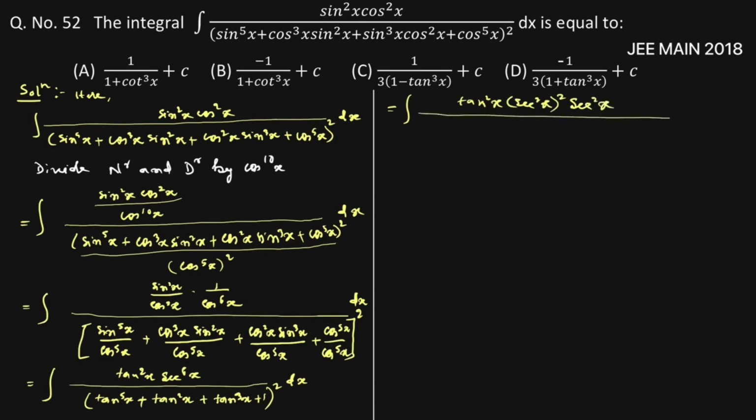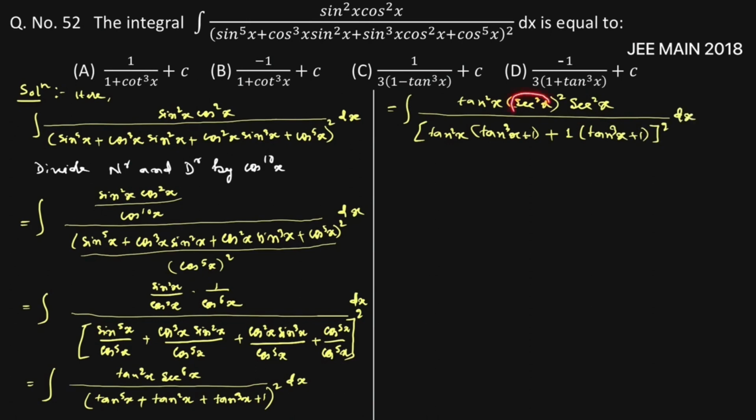divided by, we will take tan square x common from the first two terms, then we will get tan cube x plus 1, and from the last two terms we will take 1 common, then we will get tan cube x plus 1 whole square dx.